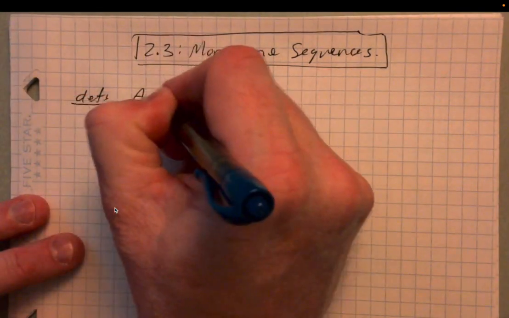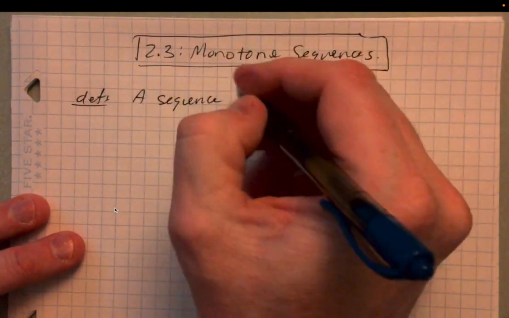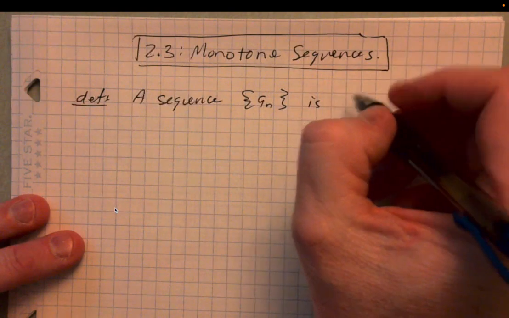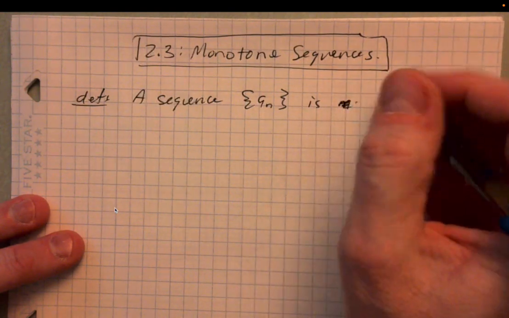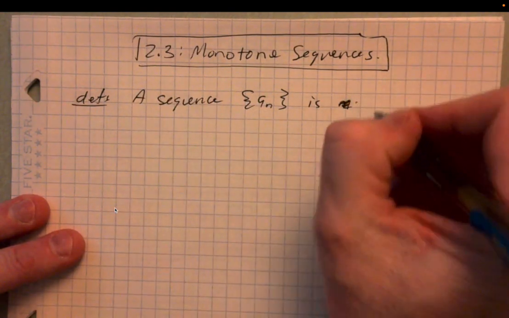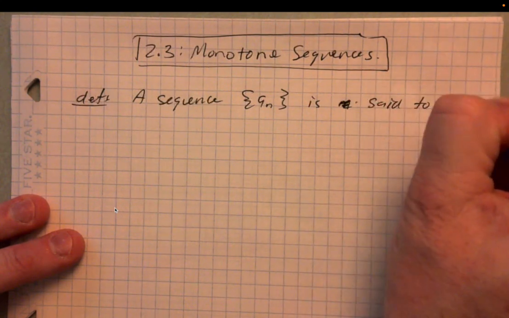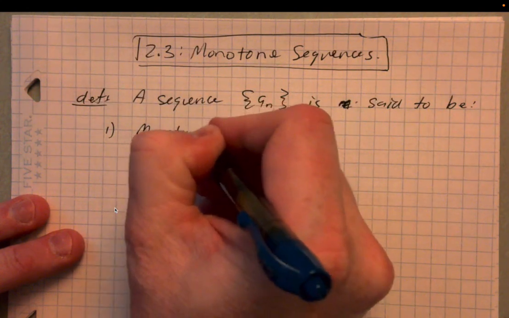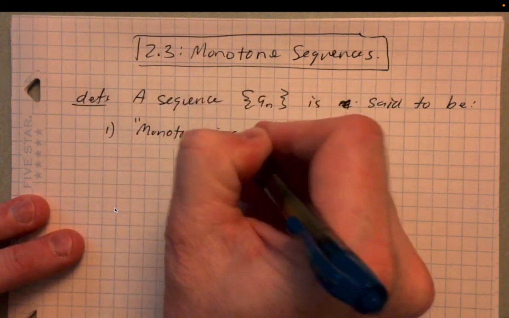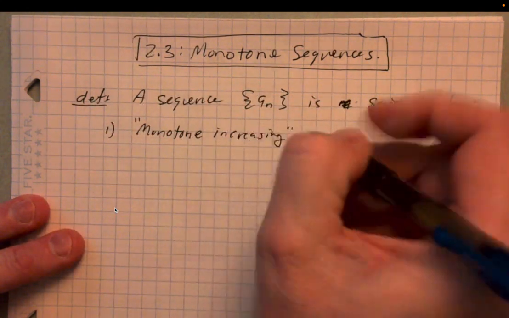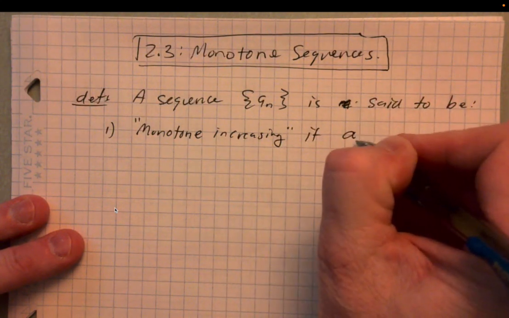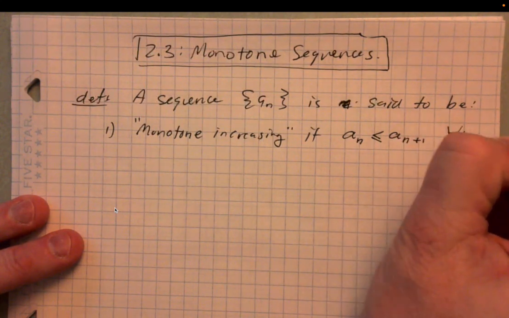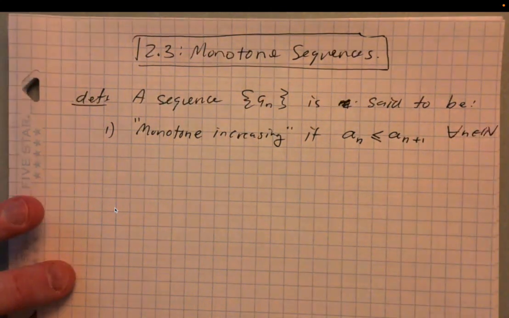So a sequence a sub n is said to be monotone increasing if a sub n is less than or equal to a sub n plus 1 for all natural numbers n.